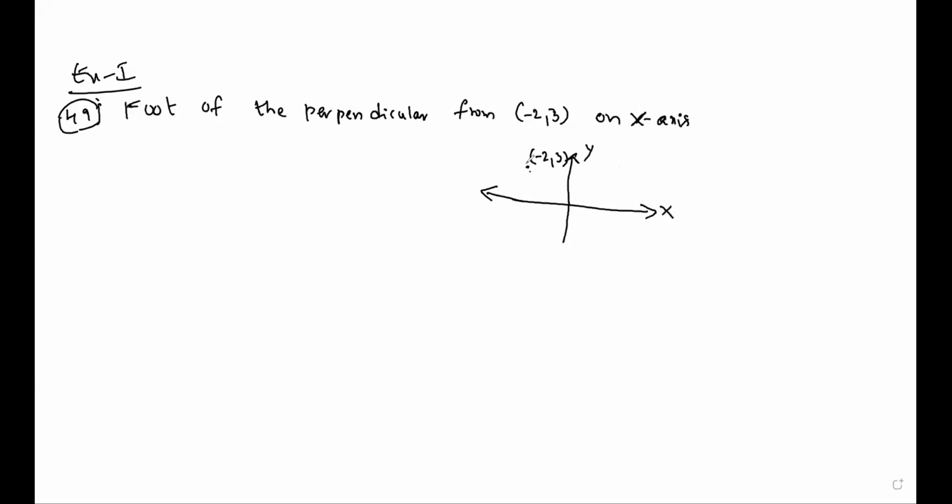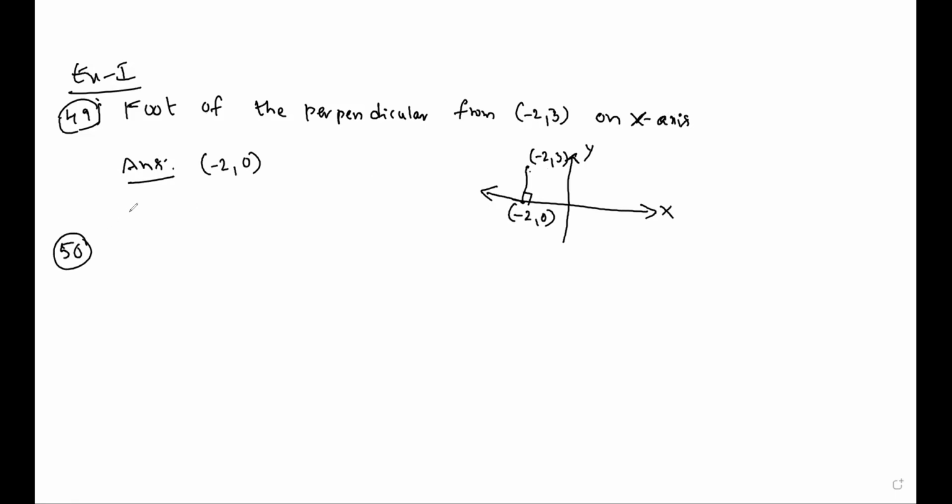If you draw a perpendicular line from P to the x-axis, it meets the x-axis perpendicularly at which point? Minus 2 comma 0. Therefore, the foot of the perpendicular from minus 2 comma 3 on the x-axis is minus 2 comma 0.